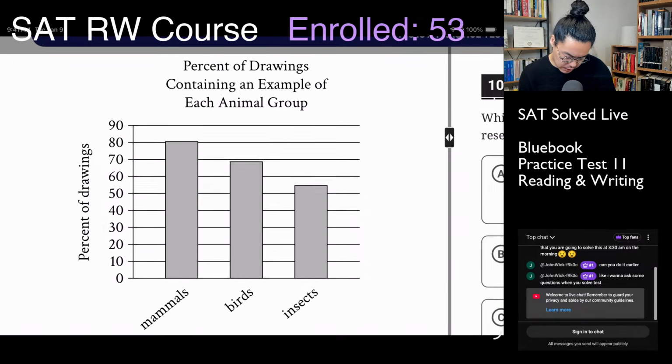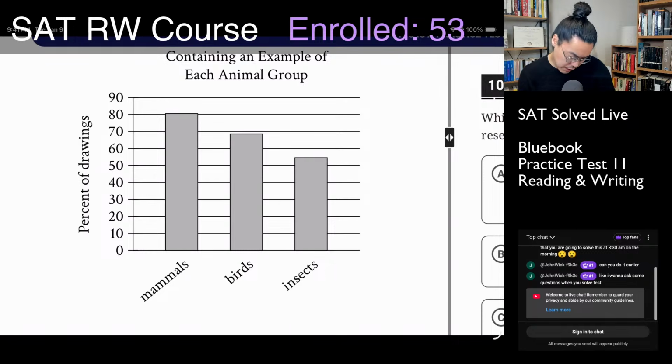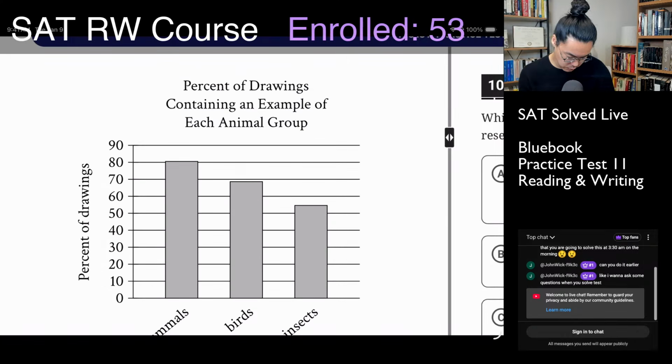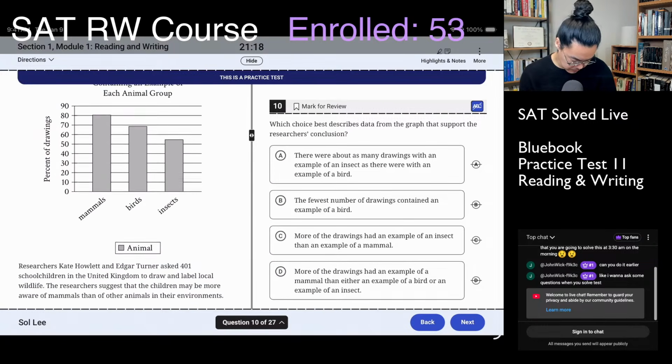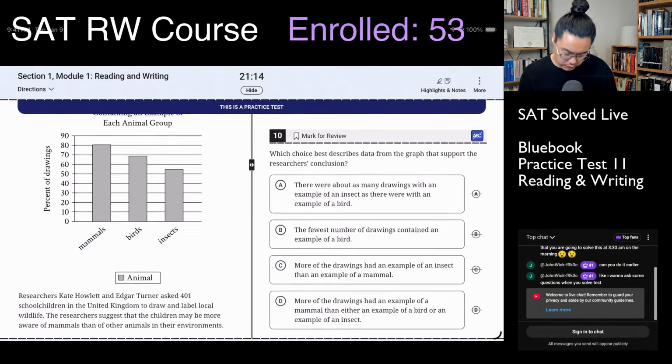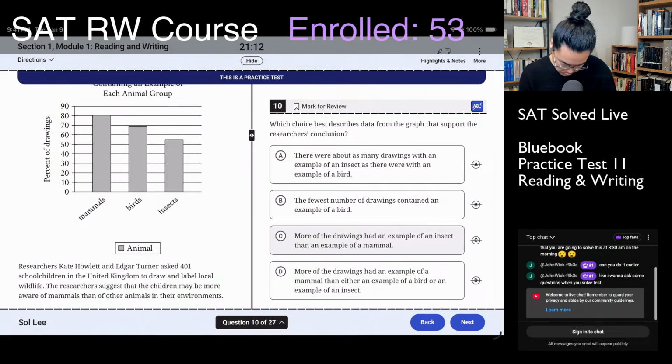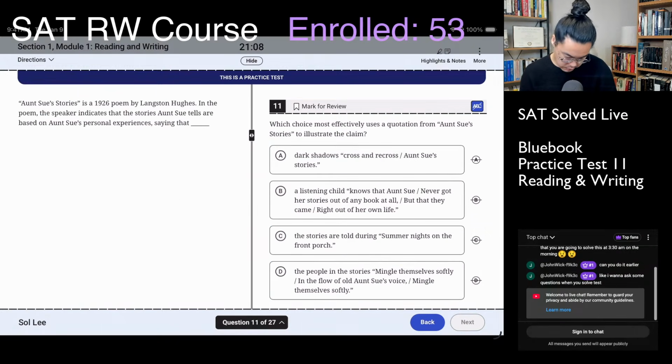Percent of drawings contain an example of each animal group. 80% have animals. Yeah, so mammals, birds, and insects are the least popular in drawings. Why can't I zoom out? Come on, zoom out. Okay. More aware of mammals than of other. Yeah, that makes sense. Then yes, that is correct.